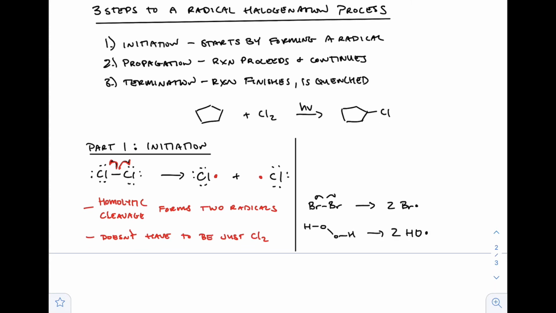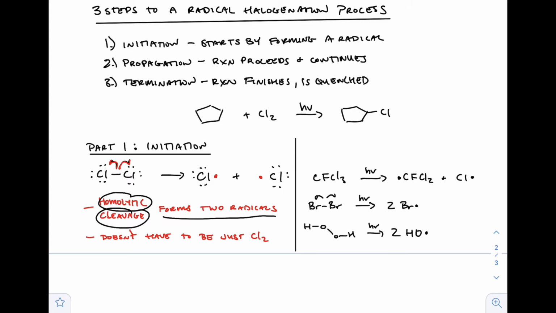And then we also have, you've heard of CFCs, right? This is an example of a CFC, CFCl3. In the presence of light, it forms this CFCl2 dot, as well as a chlorine radical, right? This is why the breakdown of the ozone occurs.